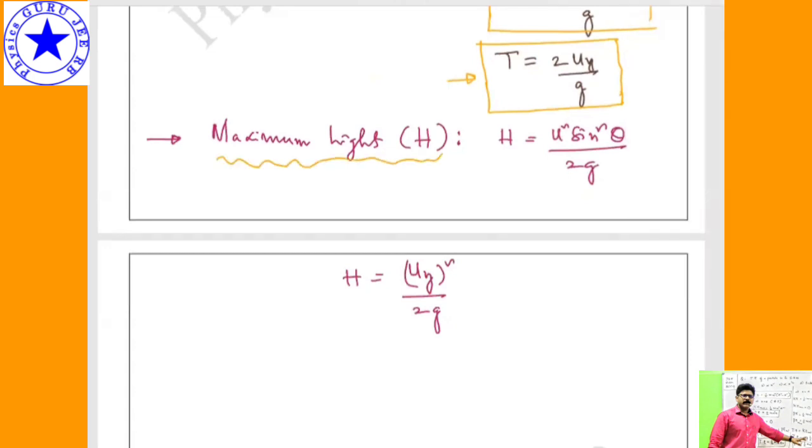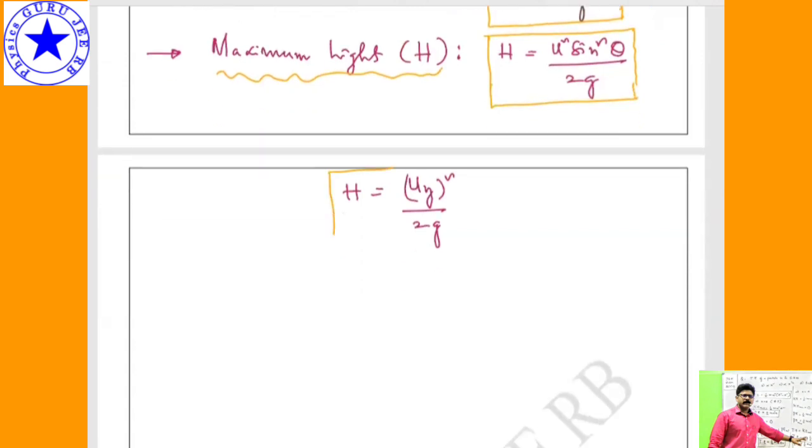So maximum height h is equal to u square sine square theta by 2g, and this can also be expressed as h maximum. Hope it is clear. At maximum height, the vertical component of velocity becomes 0, that is Vy equals 0. What are the important points to be noted here?